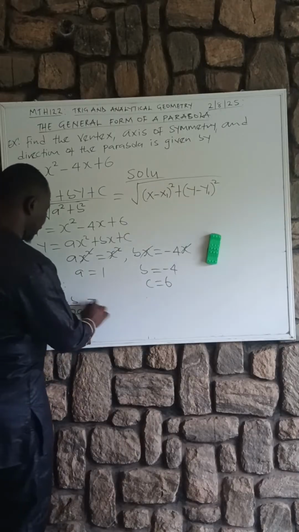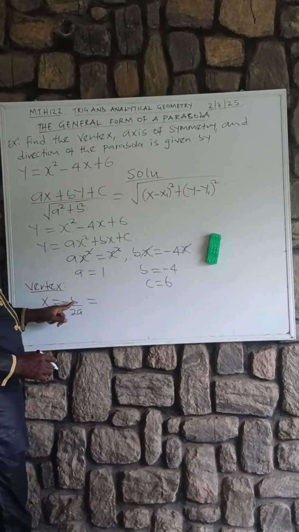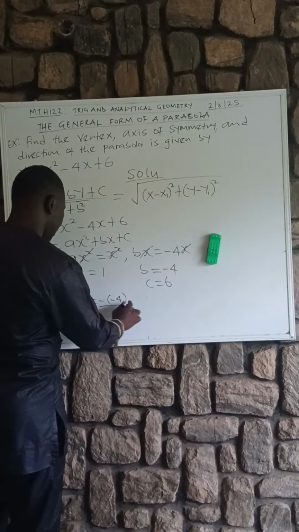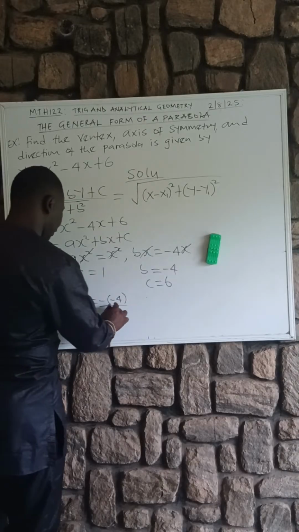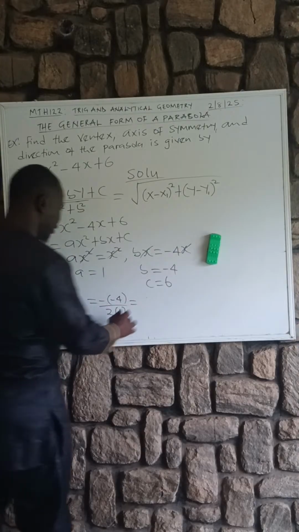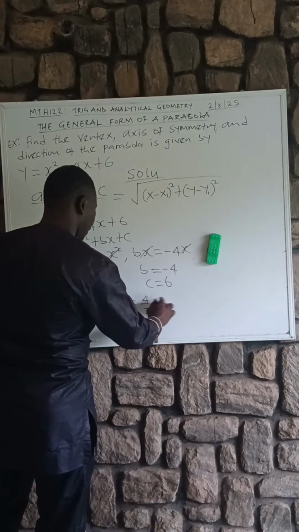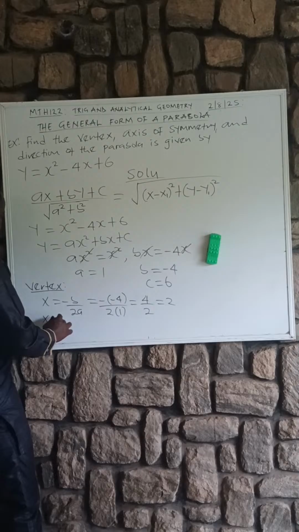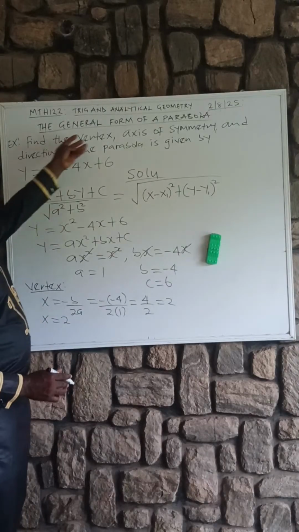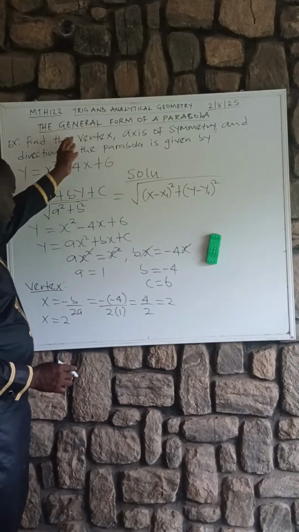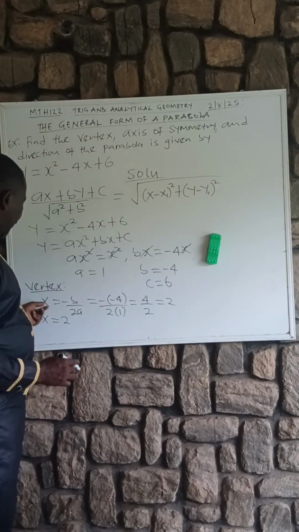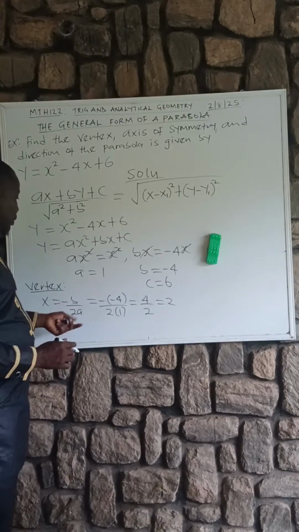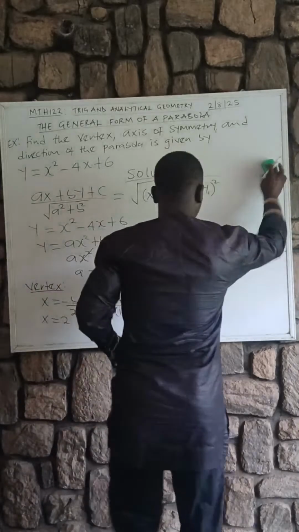Here our b is minus 4, so minus open bracket minus 4 all over 2 times a, which is 1. Then this is equal to plus 4 all over 2, which is equal to 2. So as you can see, our x is equal to 2, because no point was given here. True or false? So we have to use the formula of the vertex to obtain our points.